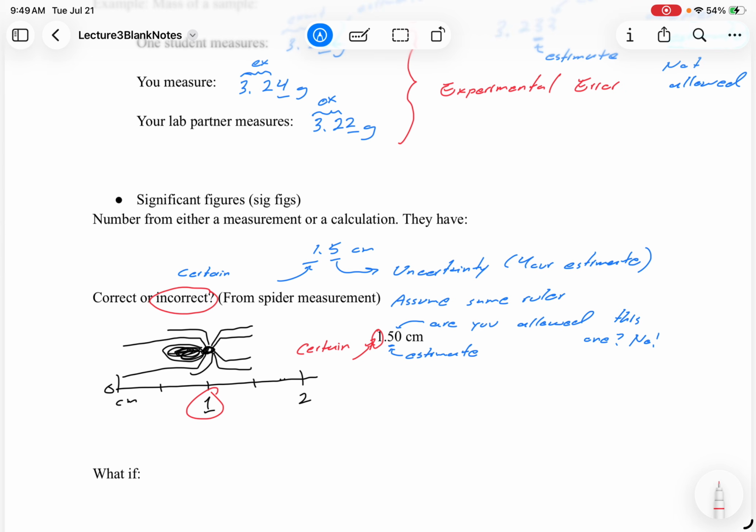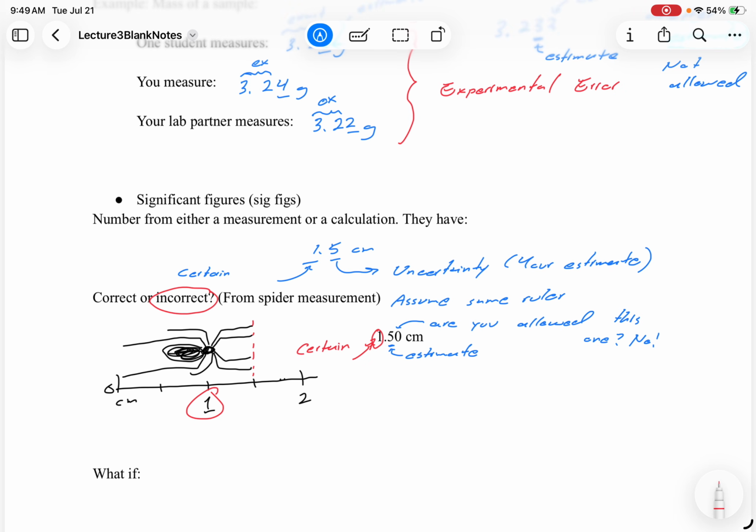We don't really know. So 0.5, like I said, that is your estimate. The 5 here that I underlined is your estimate. You cannot have another estimate, so that is incorrect. If you have a ruler like that, don't report your measurement like that. That is false. You're basically saying, oh, I'm sure about that 5. You're not sure about that 5. So don't report the 5, right?